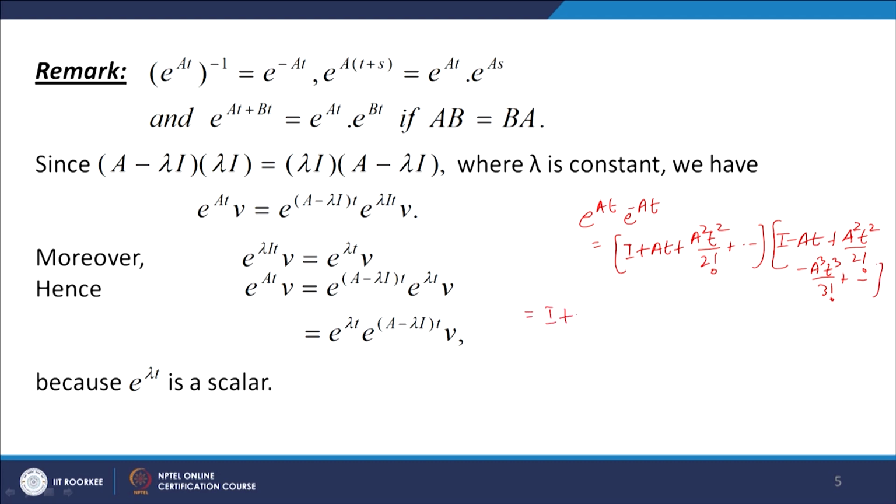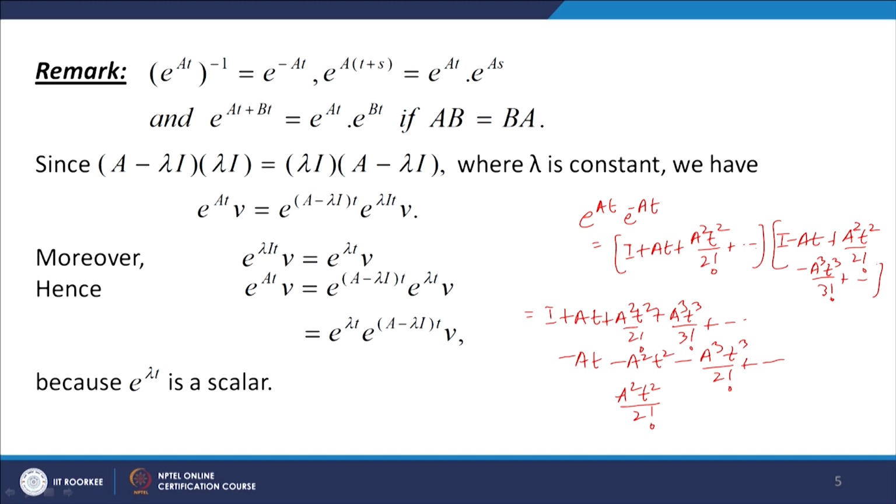So, I plus At plus A squared t squared by 2 factorial and so on, then minus At. So, we get minus At, then we multiply minus At here. So, minus A squared t squared, then minus A cubed t cubed by 2 factorial and so on. Then you multiply by A squared t squared by 2 factorial. So, you get A squared t squared by 2 factorial.